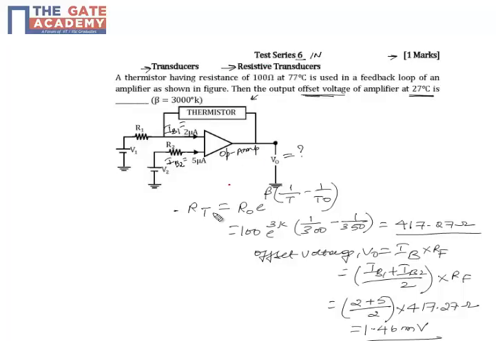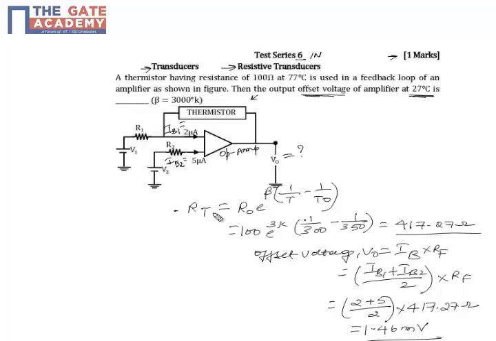We now have to calculate the thermistor resistance at 27 degrees centigrade. We know that the resistance of the thermistor is given by the relation R0 times e to the power beta times (1/T minus 1/T0). R0, the initial resistance, is 100 ohms and beta is given as 3000 Kelvin.